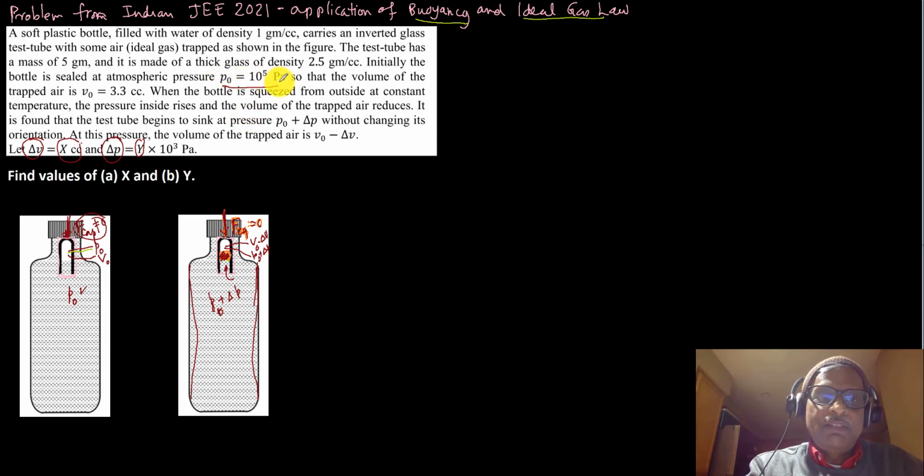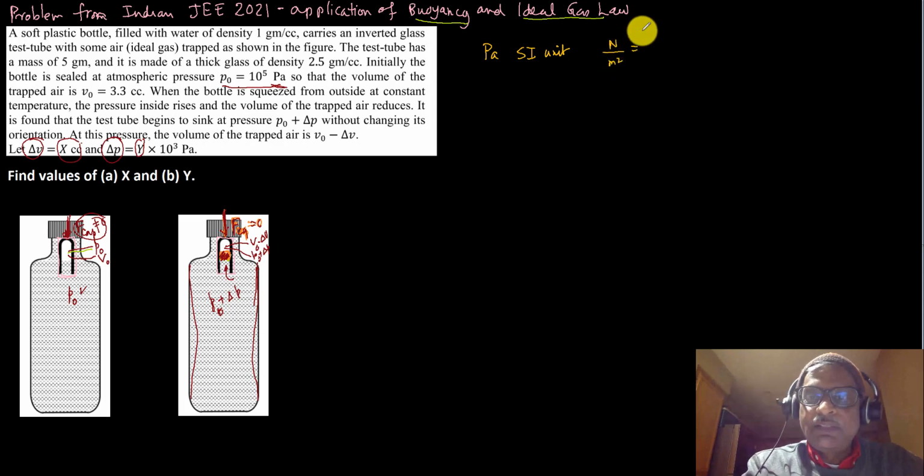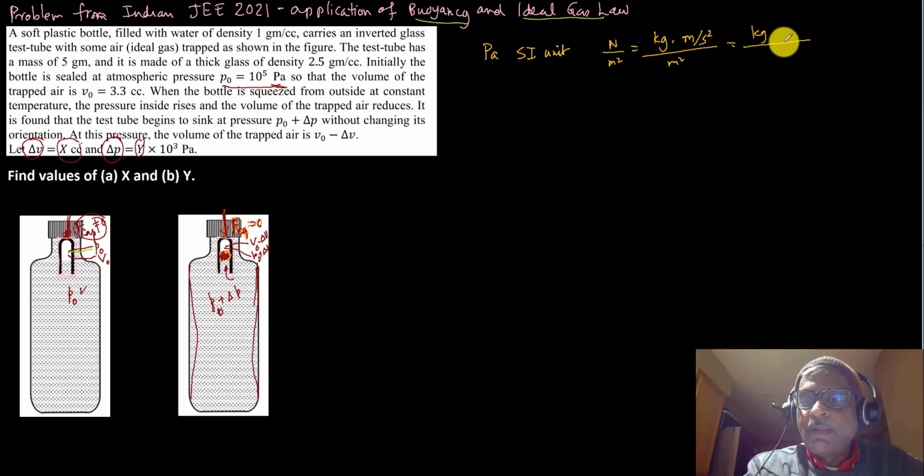You can keep P in Pascal, the SI unit of pressure. So it's a Newton over meter square, which will be kilogram meter over second square, meter square.